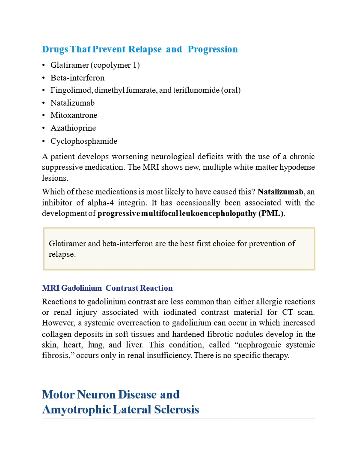Patients who develop worsening of the neurological deficits with use of a chronic suppressive medication. The MRI shows new multiple white matter hypodense lesions. Which of these medications is most likely to cause this?